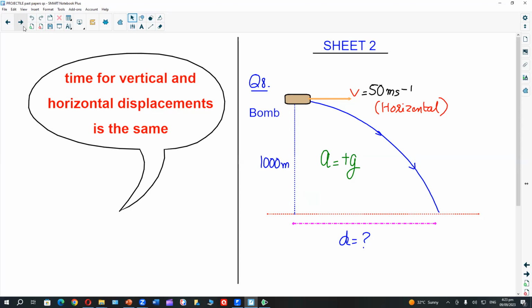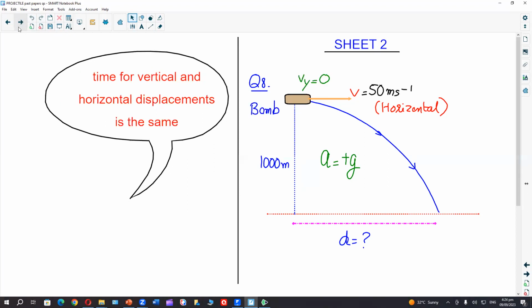So copy. Now you have to start this. There are two dimensions in this motion. Now, this is a vertical motion.